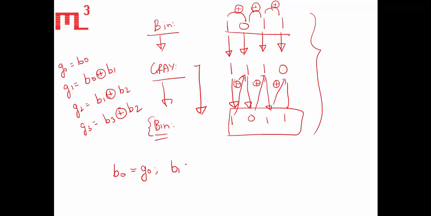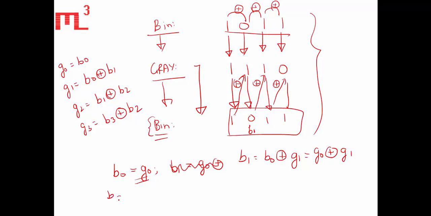And what about B1? B1 is the XOR of B0 and G1, and B0 is G0. So B1 is G0 XOR G1.